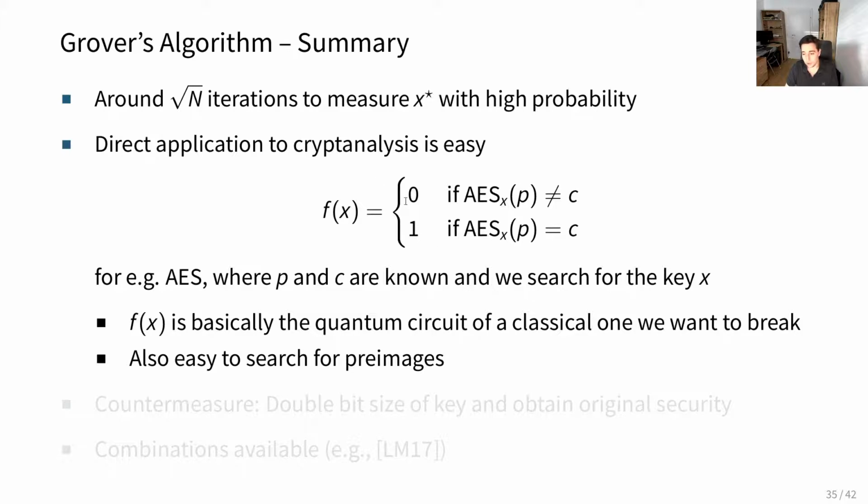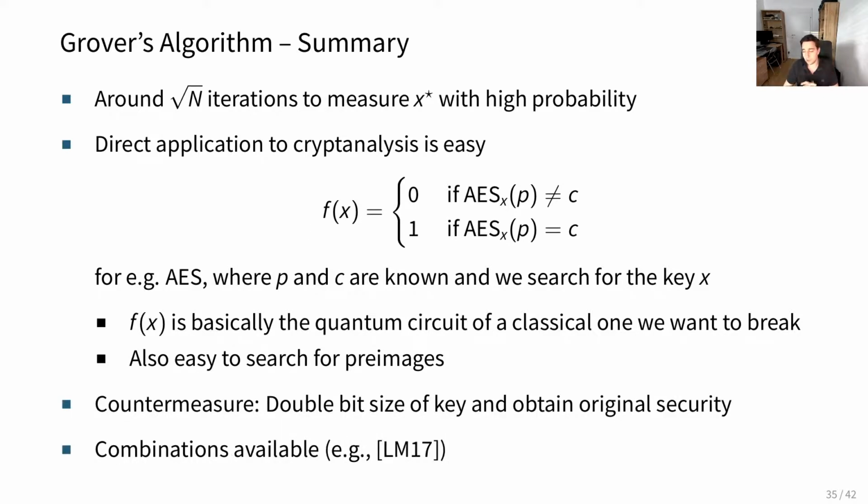And we can also transform this circuit into a hash algorithm. We can say that it returns 0 if the hash of some input x is not the digest we want to have, and that it returns 1 if the hash of some input is indeed the output we want to have. So basically this can also be used for pre-image search on hash functions. And this is all the same as finding one element in a list, in a sense.